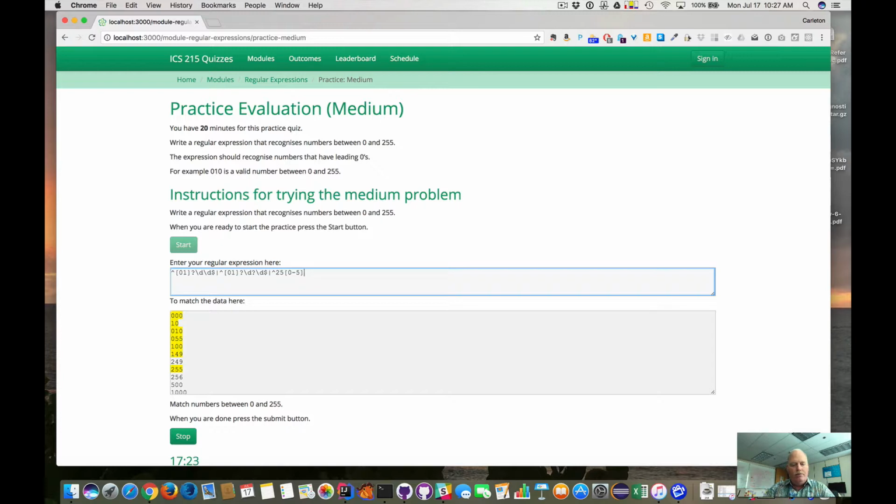So now I could say, or, and I should put my end of line mark, because again, in this data, each number is on its own line. If I were just trying to match it without, I would not put the beginning of line and end of line marks in there. So now I need to get that 240.